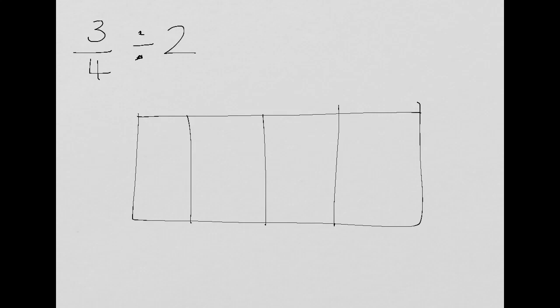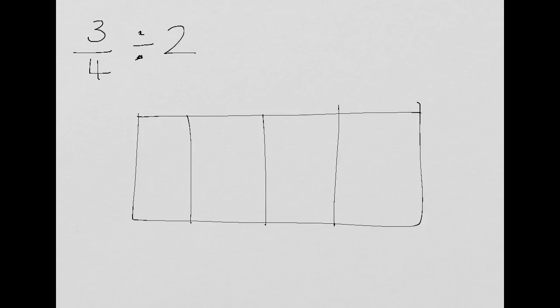So there's my question, and here's my bar. If you haven't yet copied that, you need to press pause, you need to copy it, and then you need to press play.